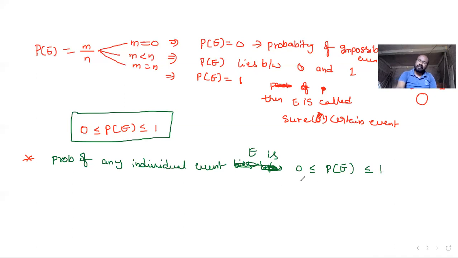It should not be greater than 1, and it should not be negative. So we can define the probability of an individual event like this.